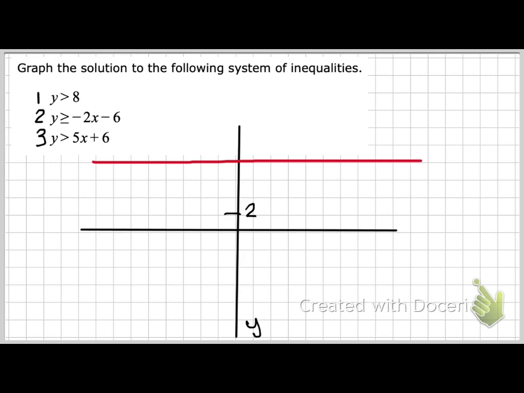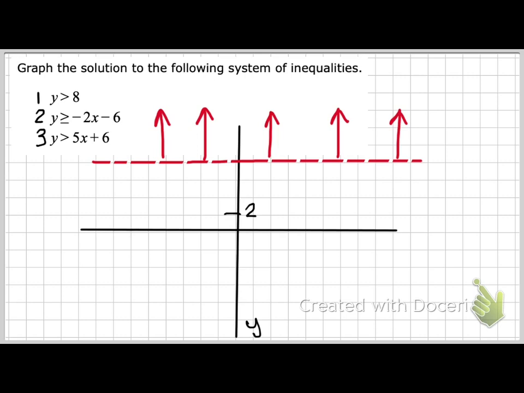And here I have y is greater than, so I want to dash the line because that line is not included in the solution. And y is greater than, that should be obvious, right? That we're going to be looking up here, shading up here. So all the points up in that direction, those are all part of the solution.